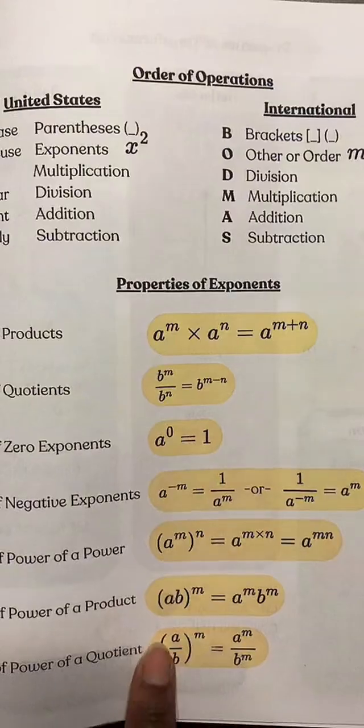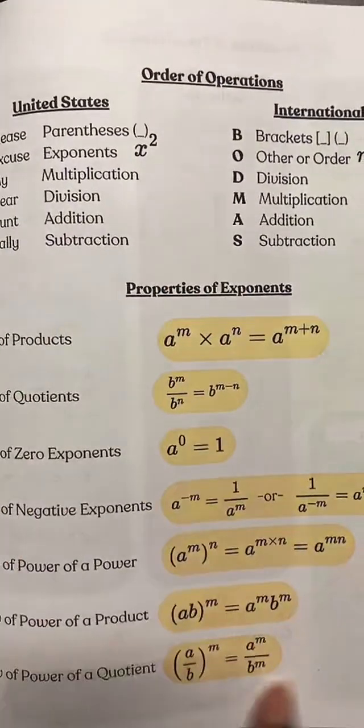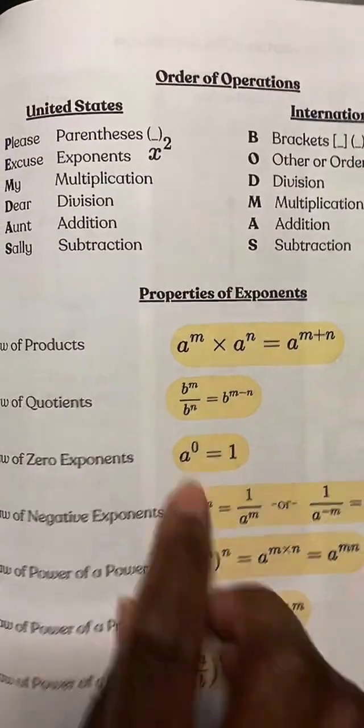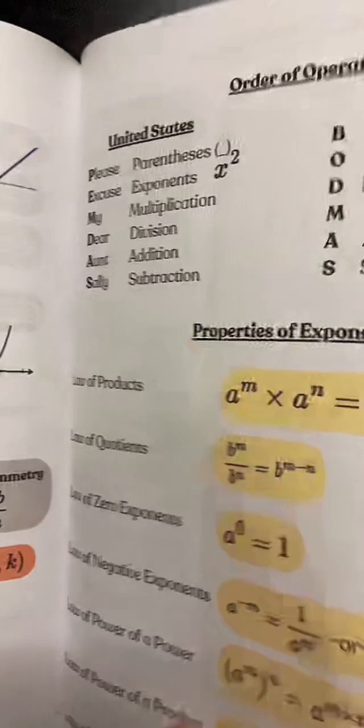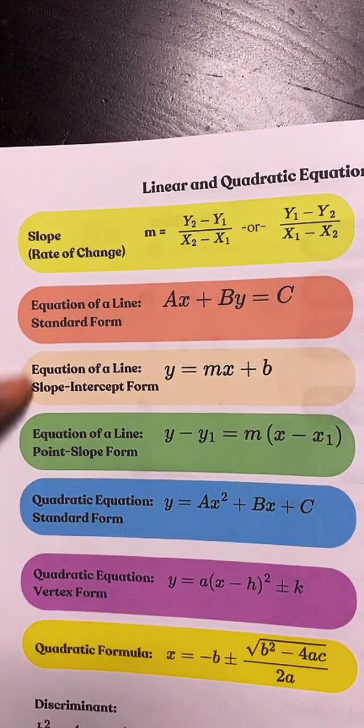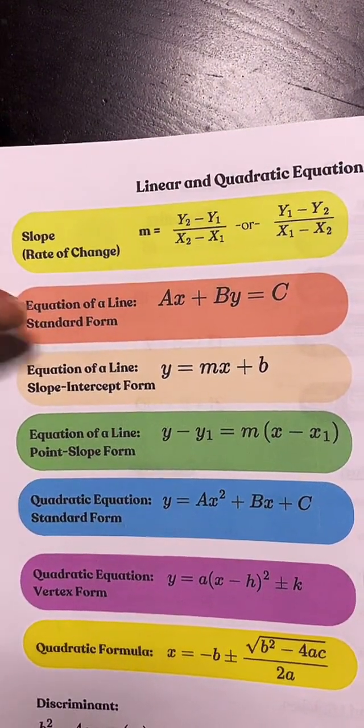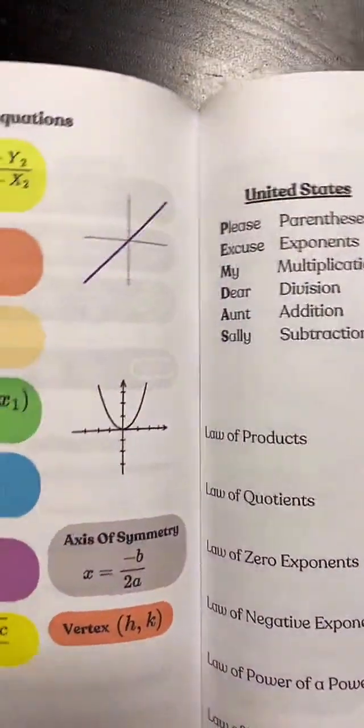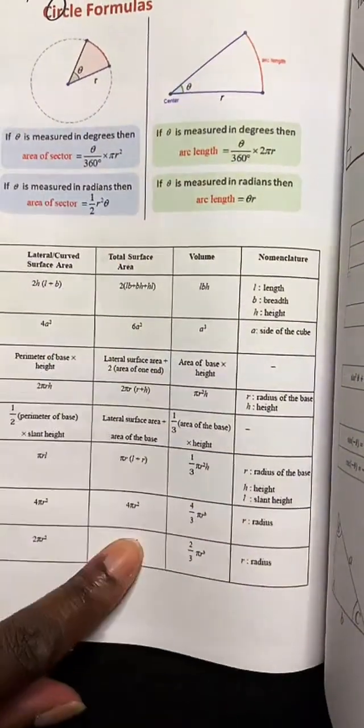Properties of exponents. I was working with a kid today. Woo! It was fun, but sometimes you just got to tweak their thinking. Then also all the linear stuff, the linear equations and also the quadratics, as well as when we start getting into more advanced stuff, we have the volume and we have surface area.